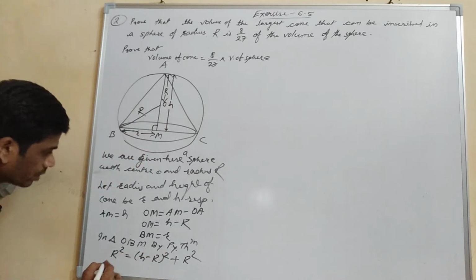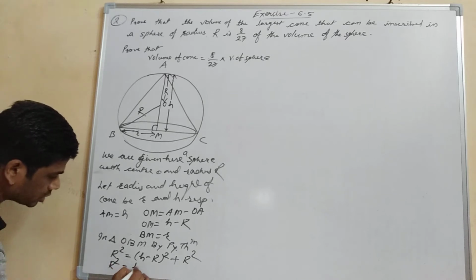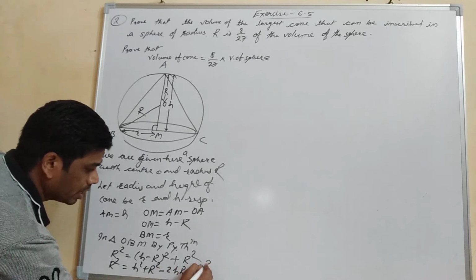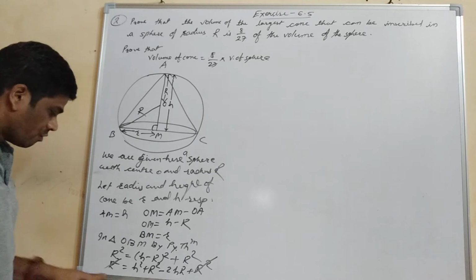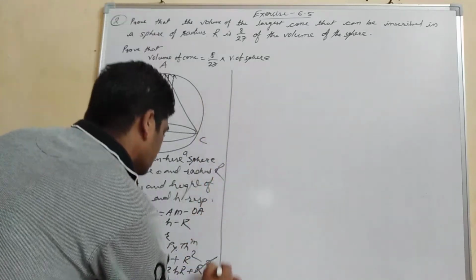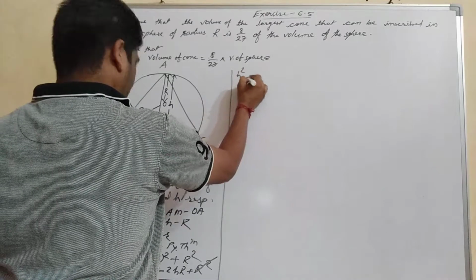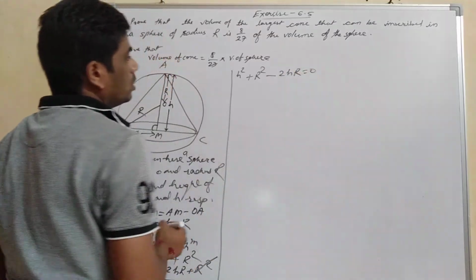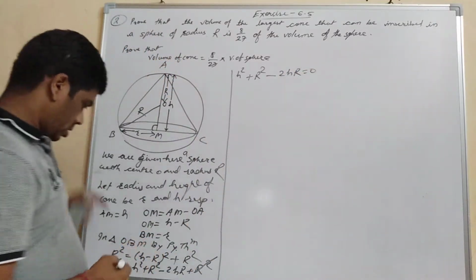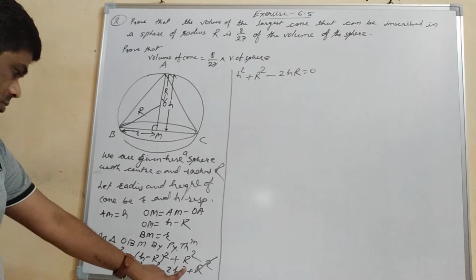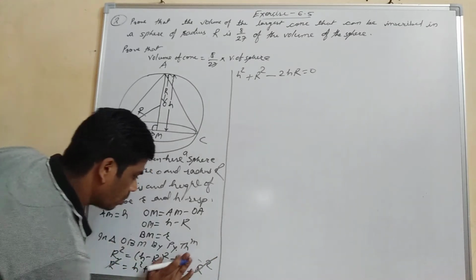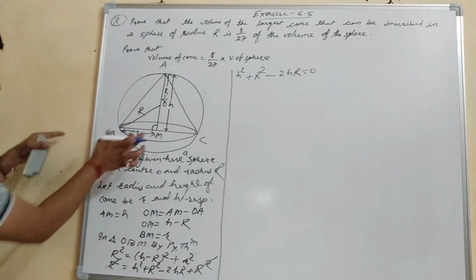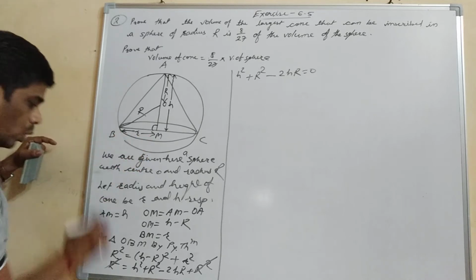We will expand this. It will be capital R square equal to h square plus capital R square minus 2hR plus r square. So capital R square will be cancelled. Which means finally we got h square plus r square minus 2hR equal to 0. Here BM square means radius of a cone, this will be smaller r.